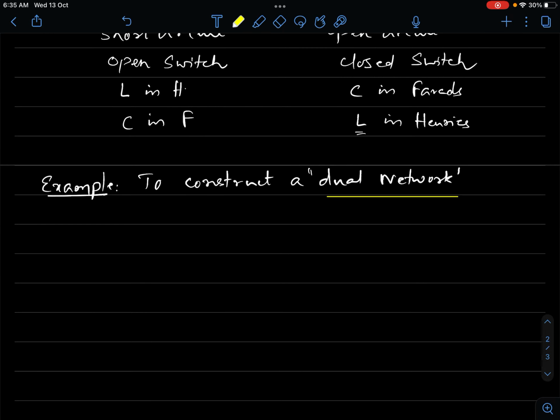For example, we will have a network. I will arbitrarily write a network. Maybe I will take a resistor, I will have an inductor. Now I will put a capacitor here. I will make two meshes.